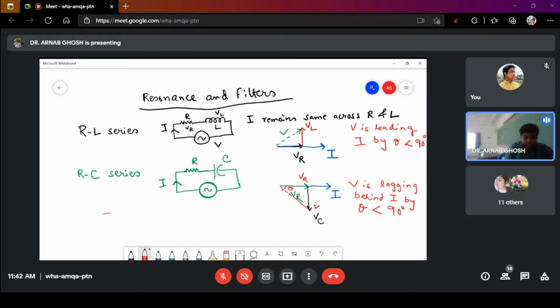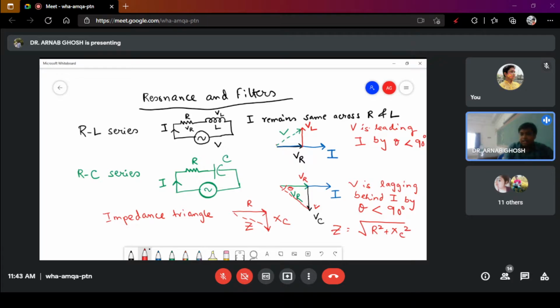Now from this, if you draw the impedance triangle, what will it look like? This is your resistance, this is your capacitive reactance, and this will be your Z. So Z will be equal to root over R square plus XC square.